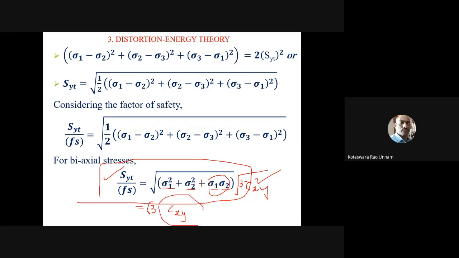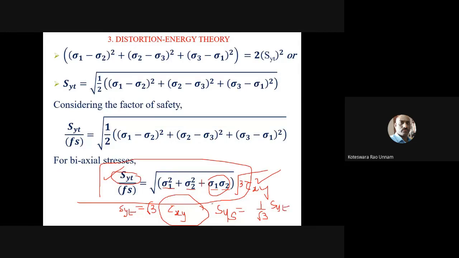This tau xy is nothing but your SYS, the yield strength in shear, which is equal to SYD. So SYD equals root 3 times SYS, or else SYS is 1 by root 3 into SYD.